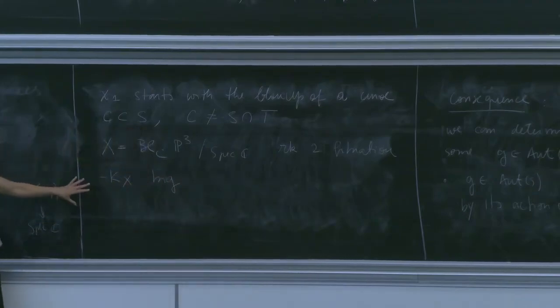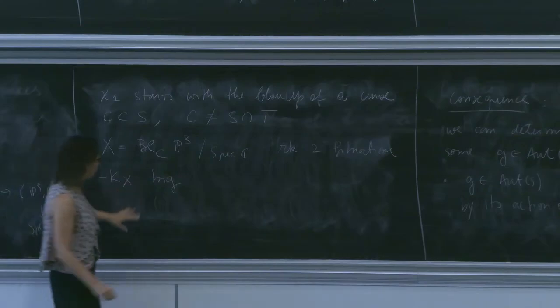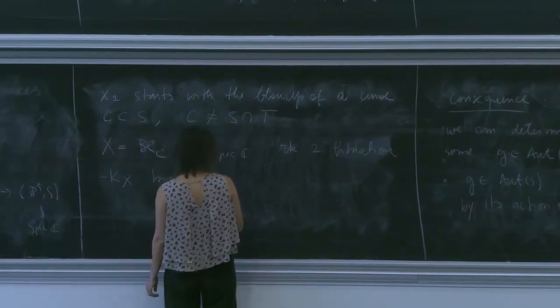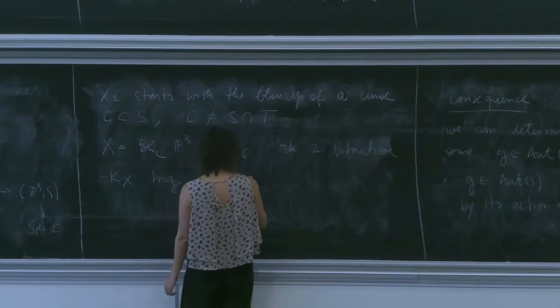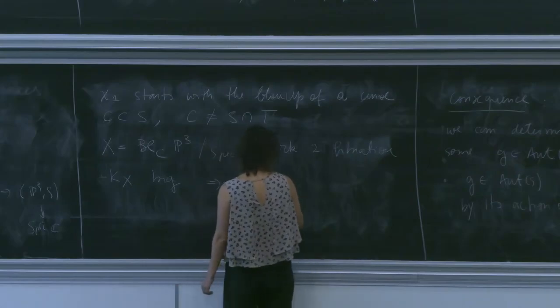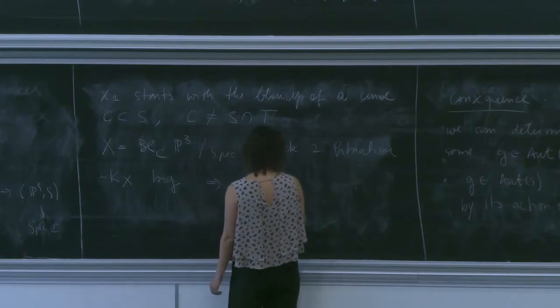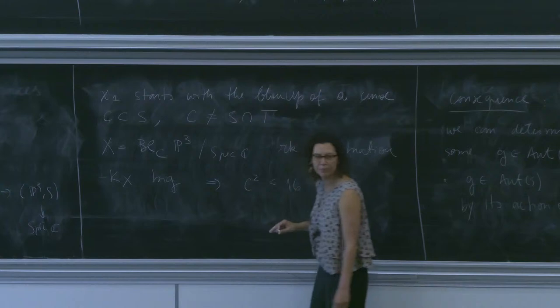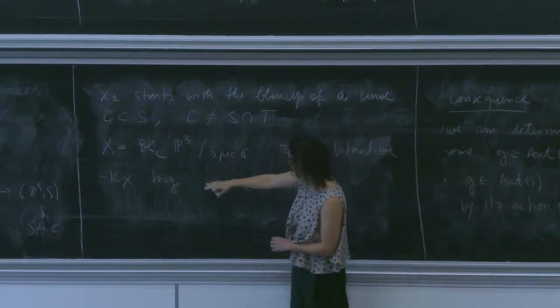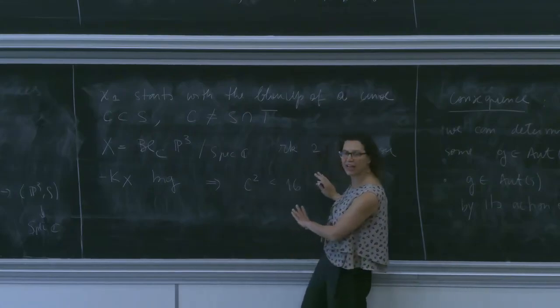Now, just from this condition here, you can show that C squared must be less than 16. Okay? This is just a simple computation from this condition, and this is just the blow-up of a curve. You can check this.